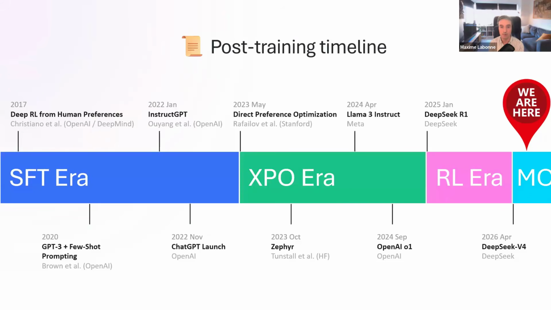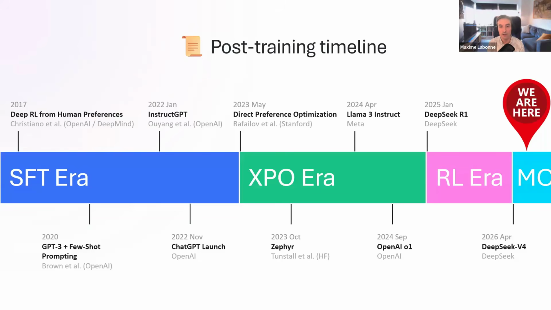And then we had the policy optimization, the XPO era, with a lot of papers published about direct preference optimization and a lot of different flavors of it. So that was nice. And then DeepSeek R1 made a big splash about the reinforcement learning with verifiable rewards strategies that you can take. And this era is already over because we started a new one.